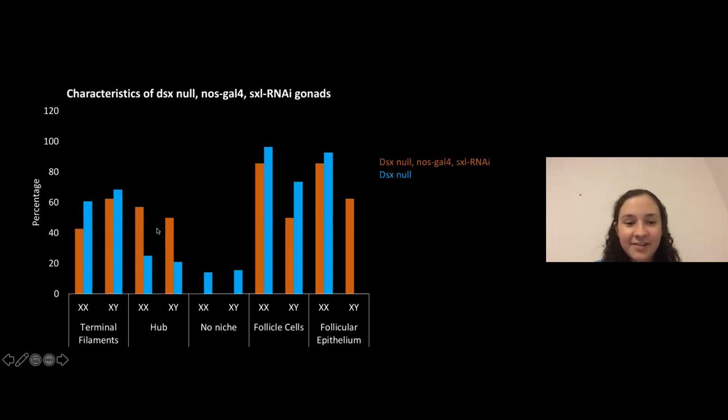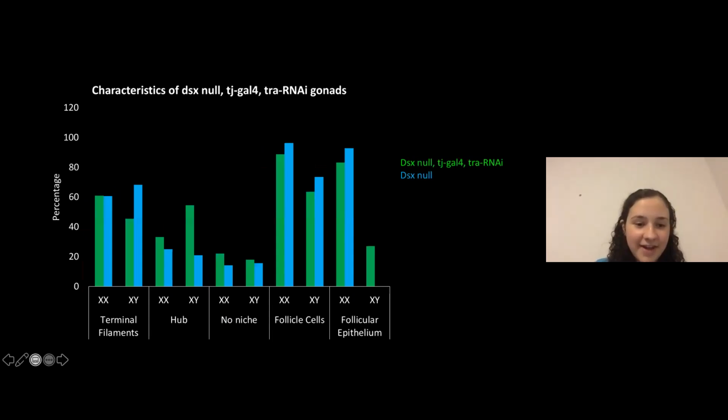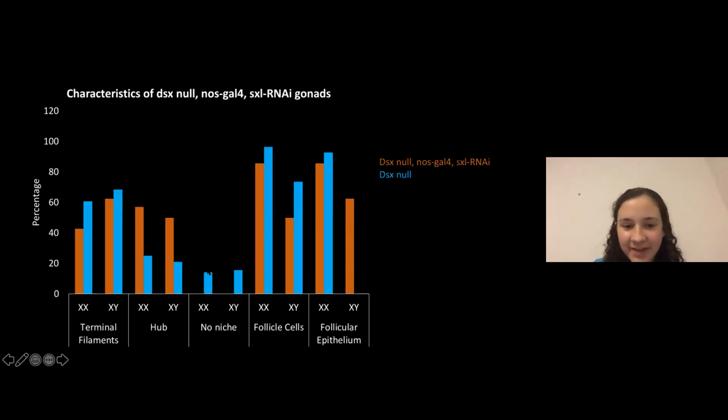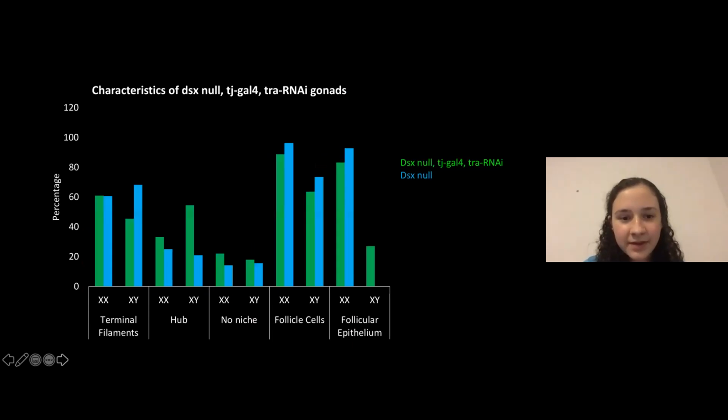Sex-lethal RNAi causes a little bit higher prevalence of a hub. This isn't necessarily the main focus of my research, but it's some little quirks that have happened that I'm not sure whether to make a pattern out of or not. And here's the same for TRA expression in the soma.